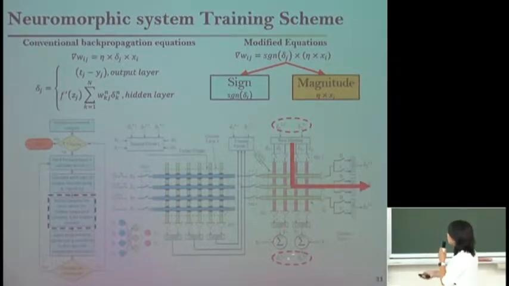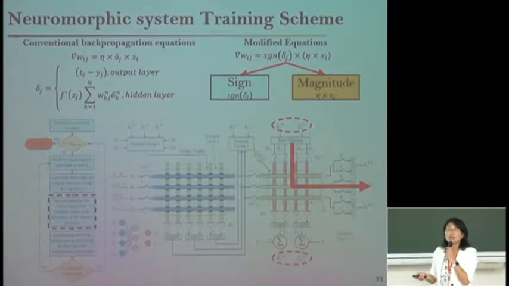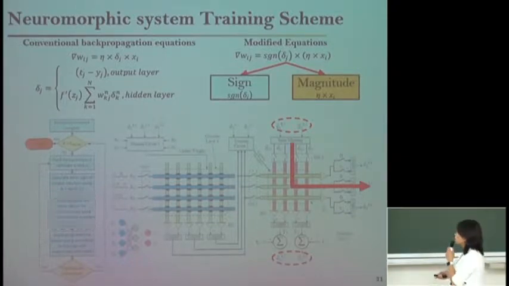The sign function result will be used as an error mapping to determine the training configurations, meaning the direction of the currents, the amplitude of currents, and so on and so forth.